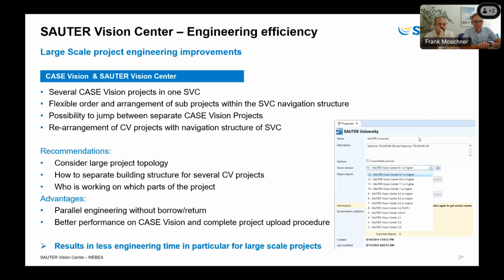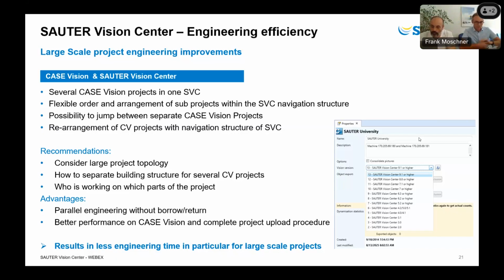What I would like to remind here as well, please keep in mind that for large-scale projects, we have done these engineering projects using several single Case Vision projects, which could be used in one SVC. As a reminder, if you set up a large-scale project, please separate the single parts of those projects.